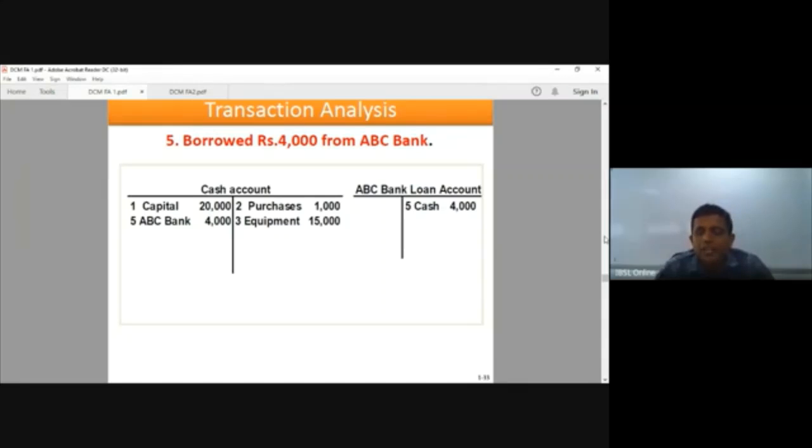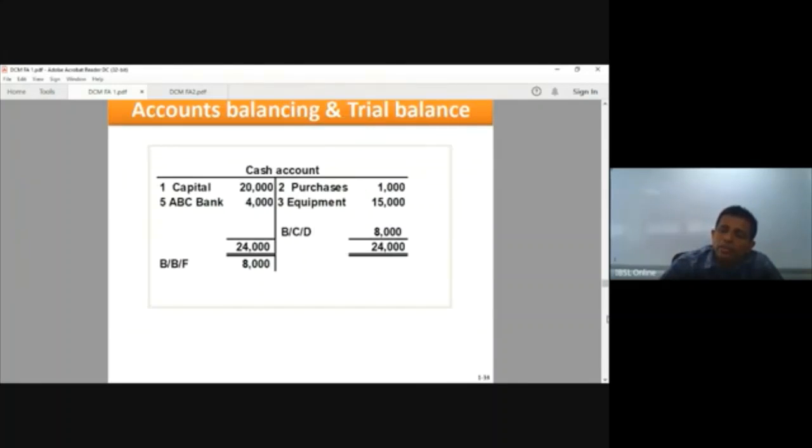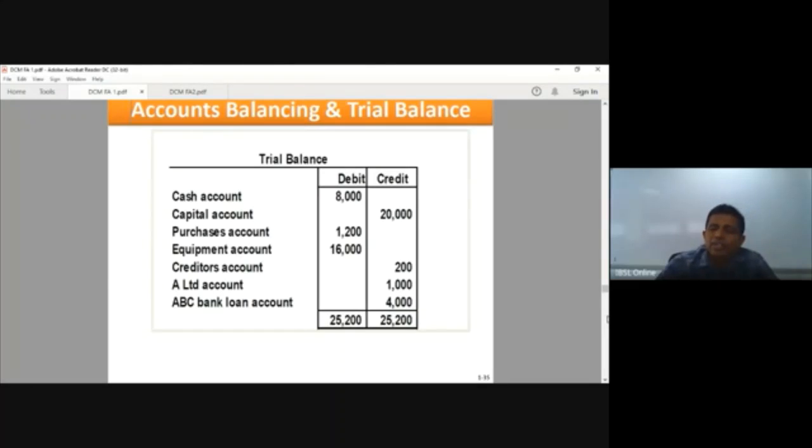Therefore, mere tallying of a trial balance will not assure you that you have correctly accounted all the transactions. To get it tallied, the only requirement is you have to put a debit entry and the same entry has to be put into the credit side of an account. Therefore, you can still find a lot of errors even with a tallied trial balance, right.